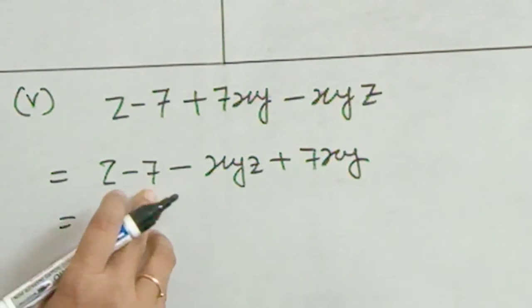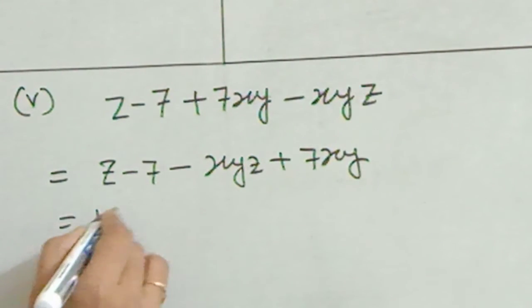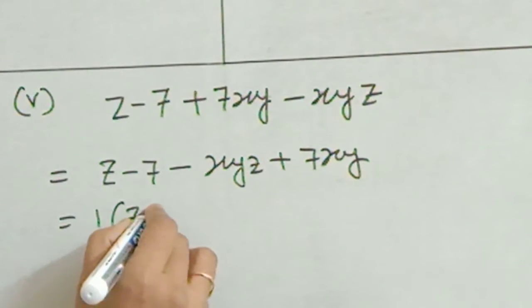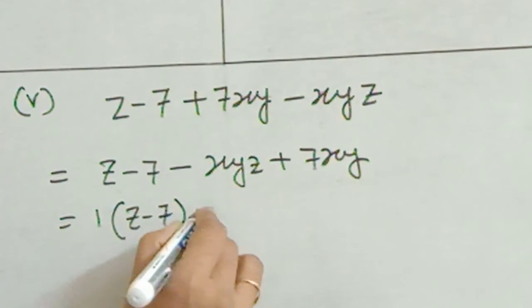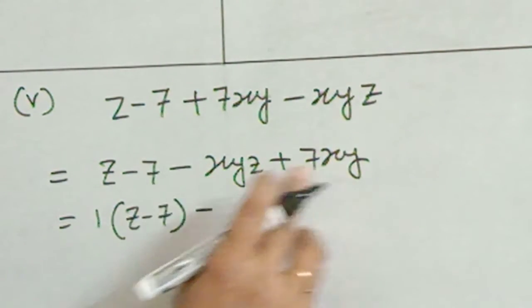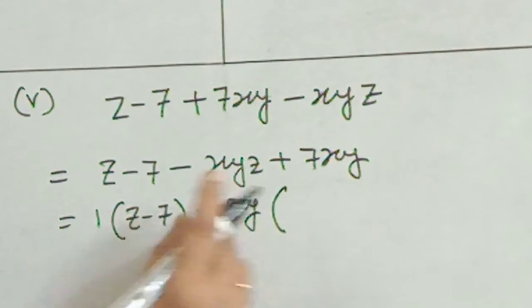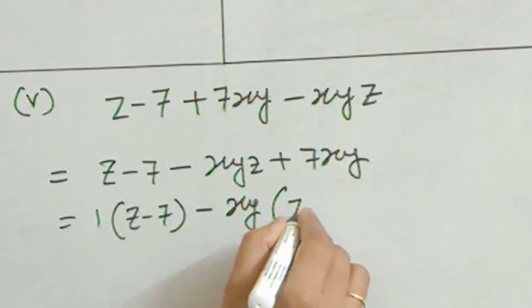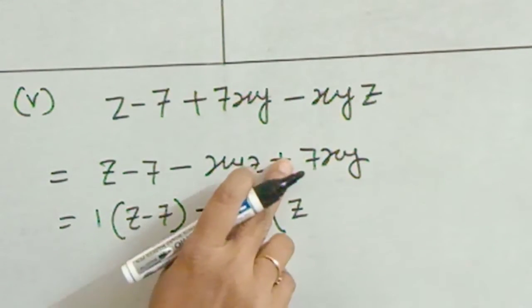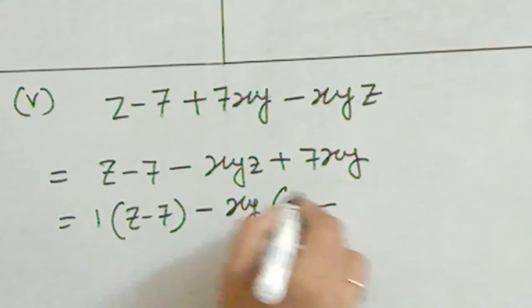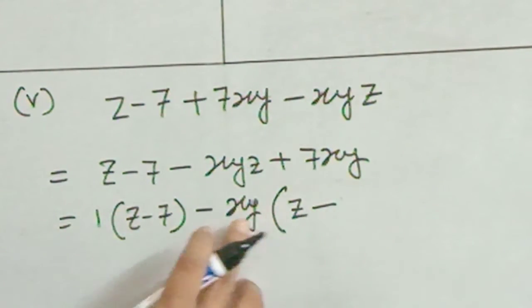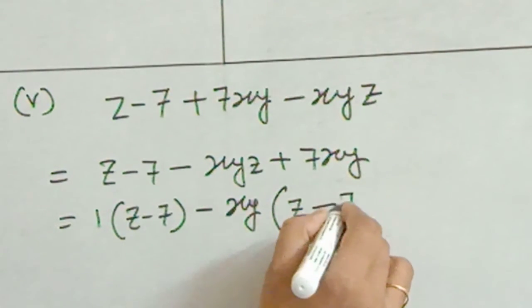Now from these two I can't take anything common. Take 1 as common. z minus 7 minus, from these two I can take xy as common. Then z remains here and minus is outside, so the sign will change, plus becomes minus, and xy I have taken, so 7 is left here.